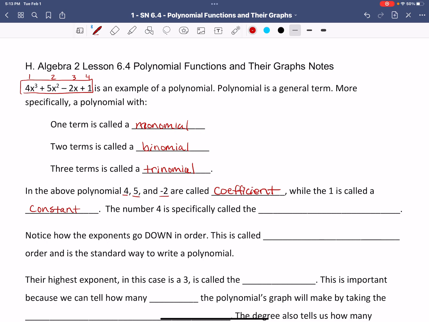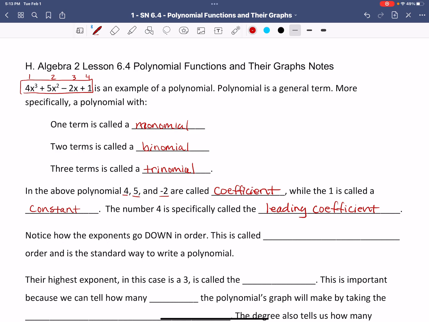The number 4 has a more specific name. It's not just a coefficient, but because it's attached to the variable with the largest exponent, it is called the leading coefficient. It's called the leading coefficient because it will always be the first coefficient in the polynomial.